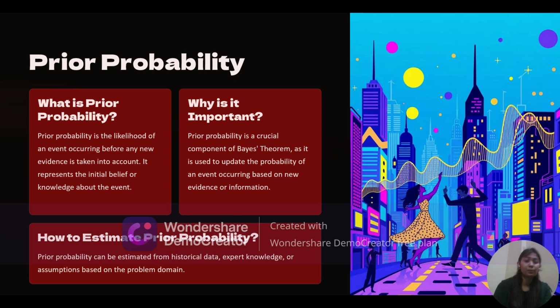Why is it important? Prior probability is a crucial component of Bayes' theorem as it is used to update the probability of an event occurring based on new evidence or information. How to estimate prior probability? Prior probability can be estimated from historical data, expert knowledge, or assumptions based on the problem domain.